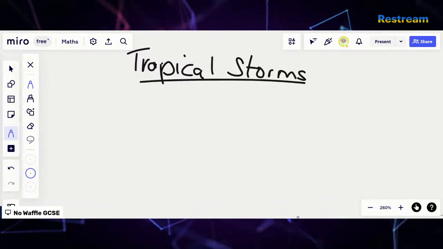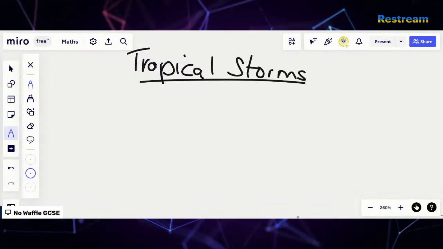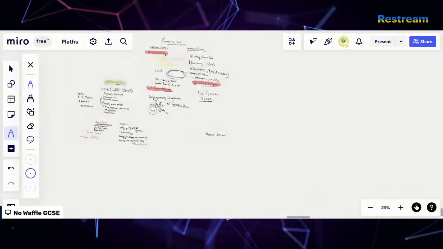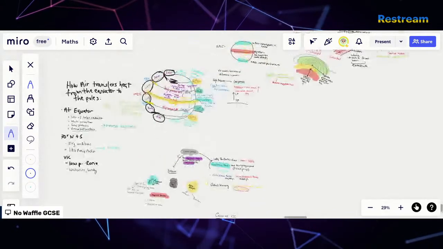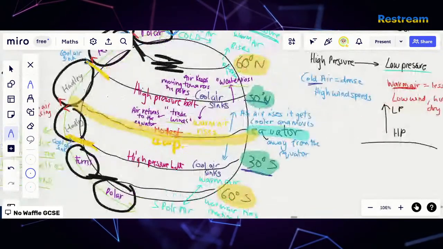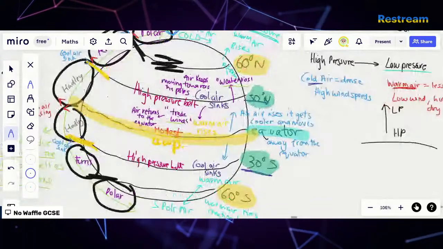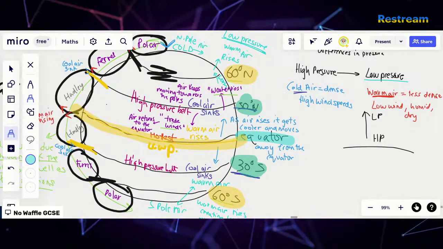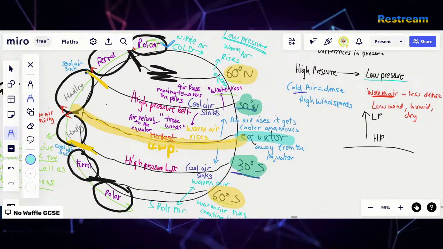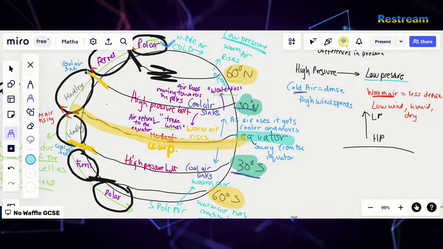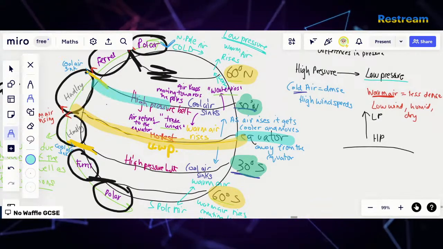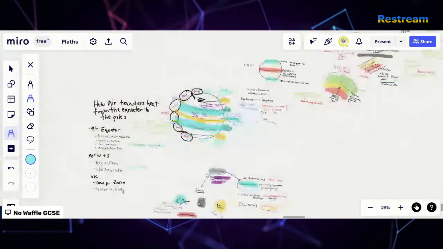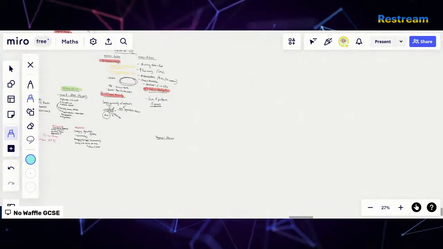So firstly, they must develop between 5 degrees and 30 degrees north and south of the equator. So we looked at, when we were looking at the global atmospheric circulation model, we now know that tropical storms can only develop between 30 degrees and 5 degrees north and south. So in this area here and in this area here. So not right by the equator, but just above and below the equator.